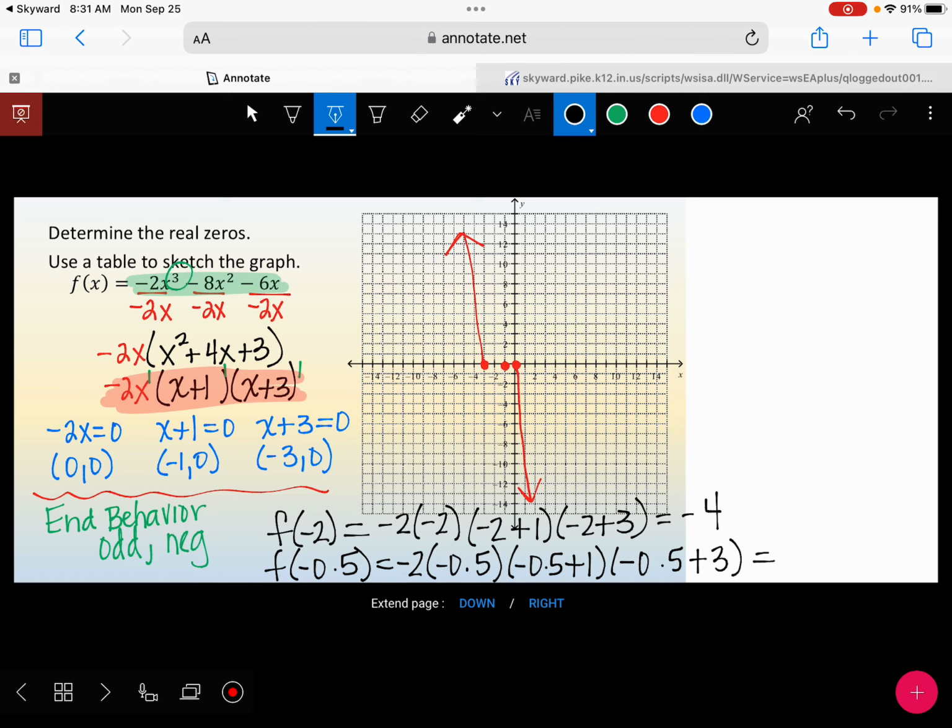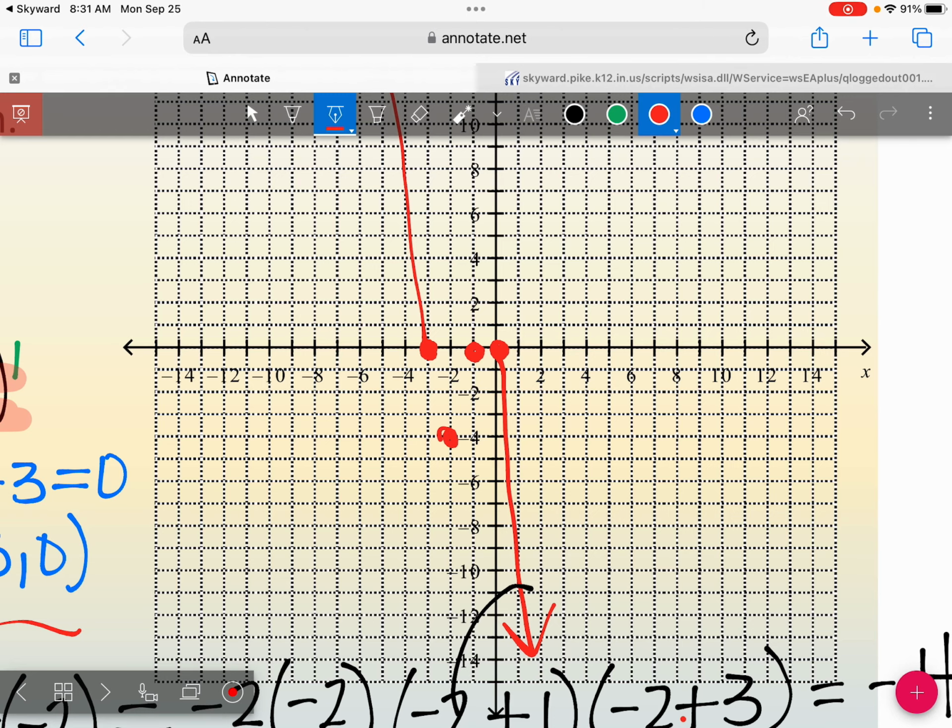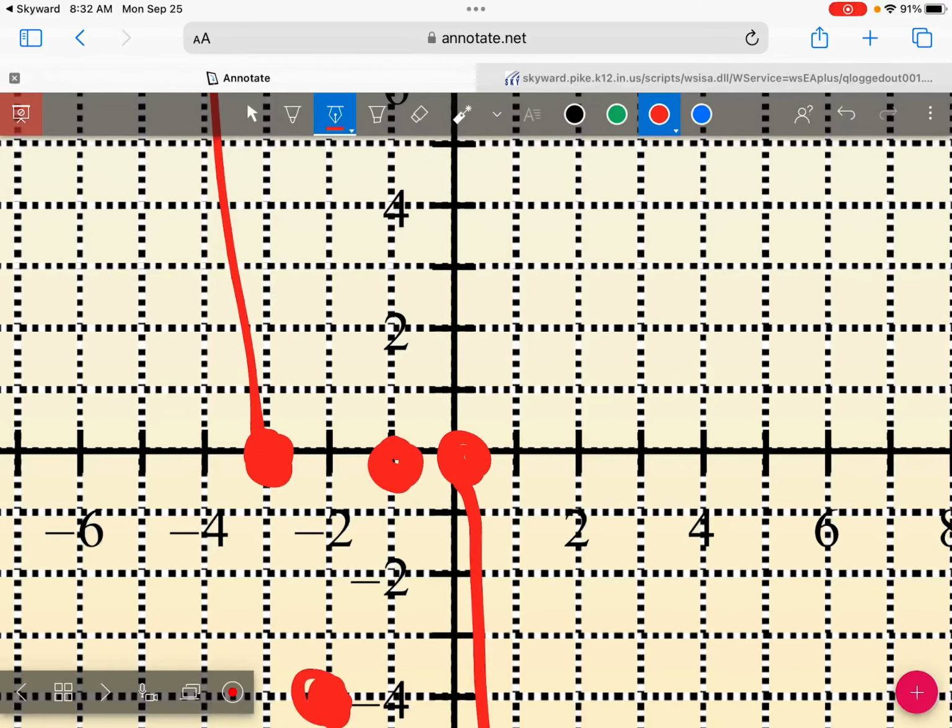What you all get for the second one? I think it's 1 point something. 1.25. I'm going to round it to 1.3. Okay. All right, so that means at -2, I'm going to go down to -4. And then, oh wait, it's a little higher than 1, so we'll go up to here. So it looks like that.